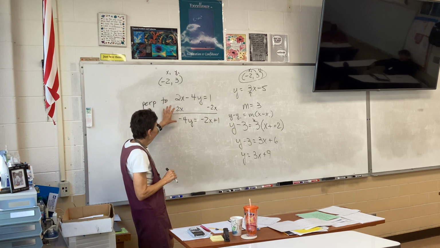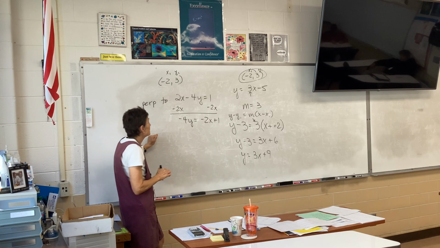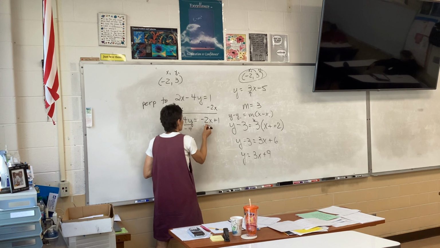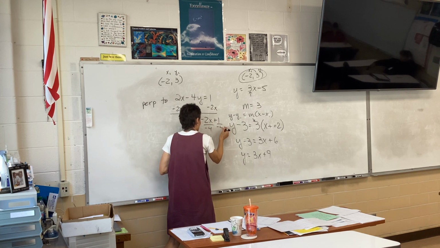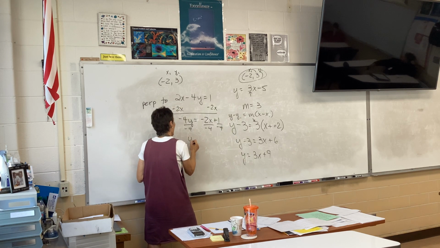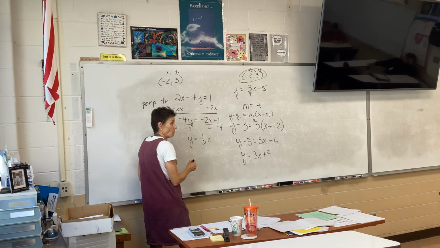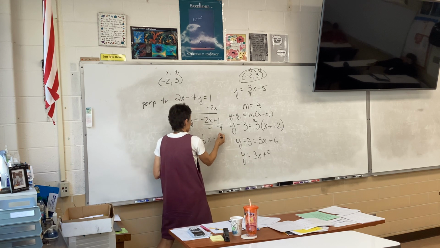So I move the 2x to the other side. Divide by negative 4. I gotta divide everything by negative 4. So y equals 1/2 x, 2 over 4, minus 1/4.